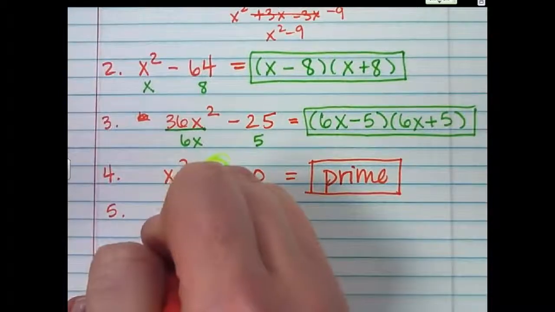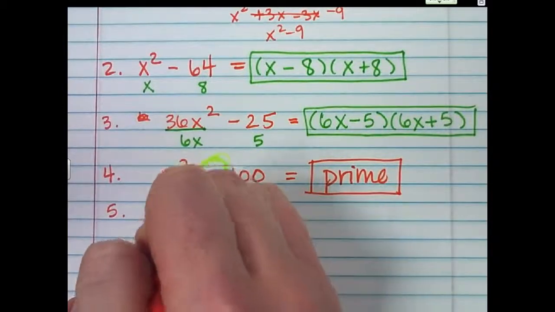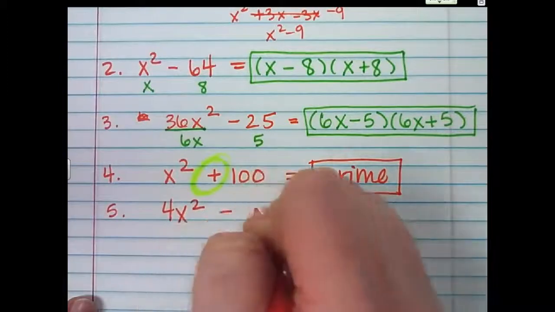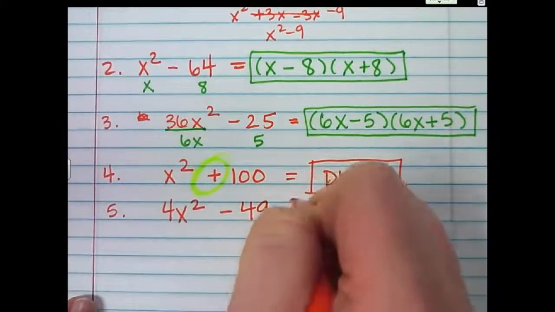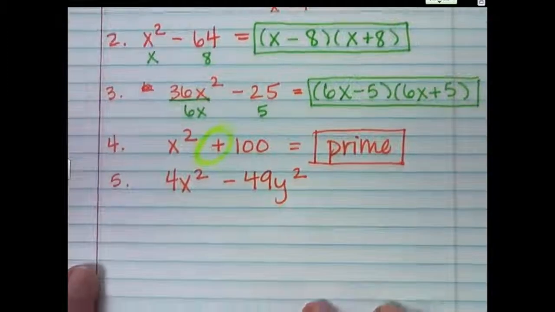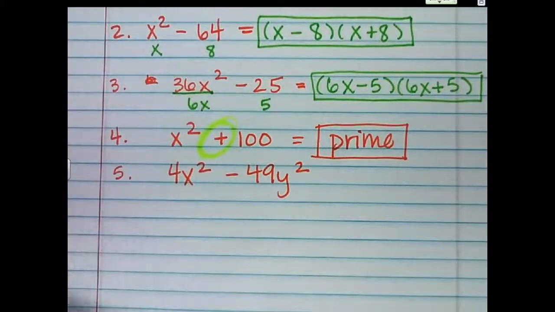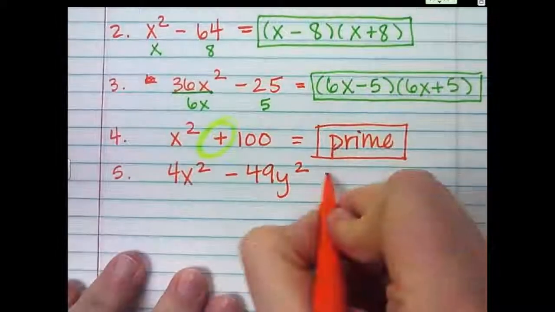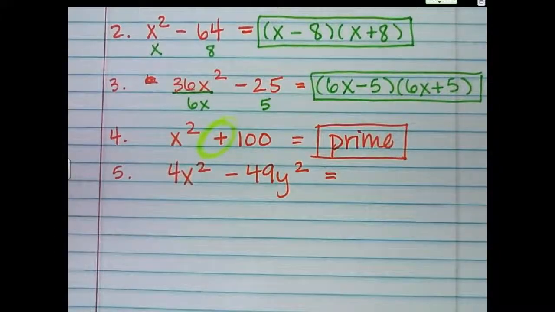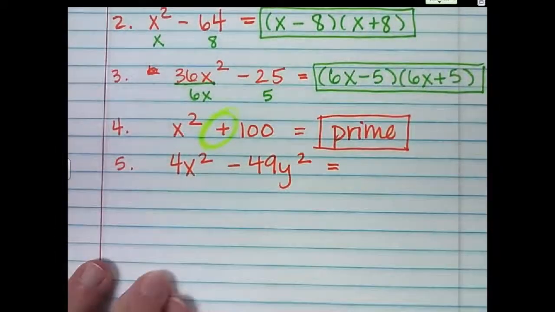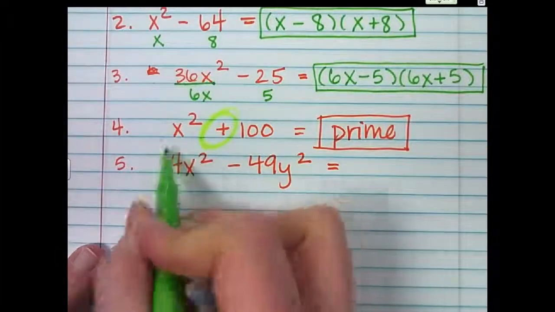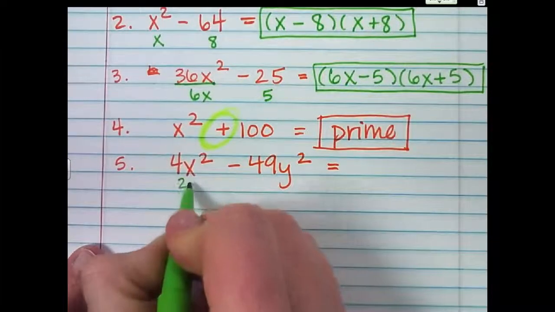Number 5. Okay, what times what gives me 4x squared? 2x.